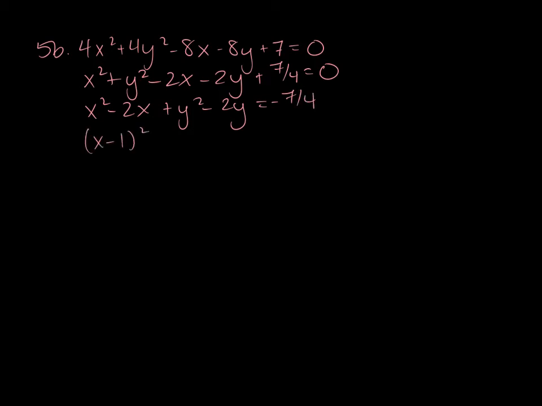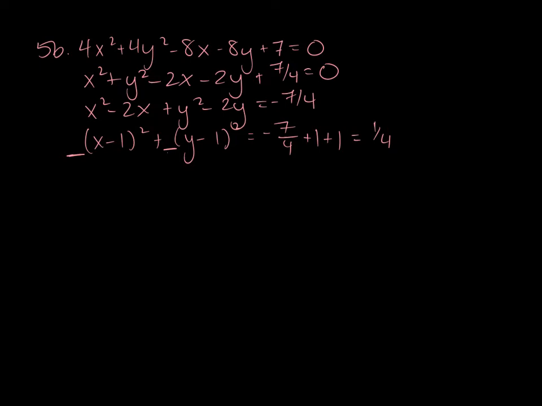X minus 1 squared plus y minus 1 squared equals negative 7/4 plus 1 plus 1, which ends up being 1/4 left over. So I have a constant of 1 in front of each of these. That's how I know it's a circle.